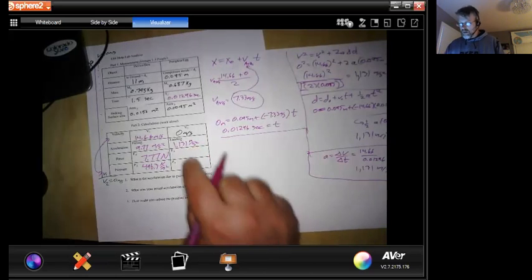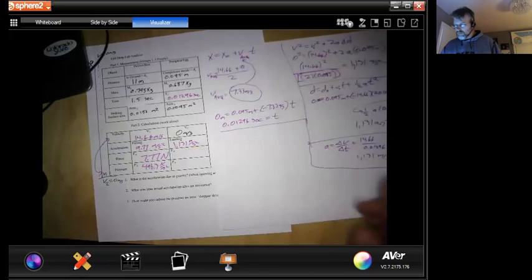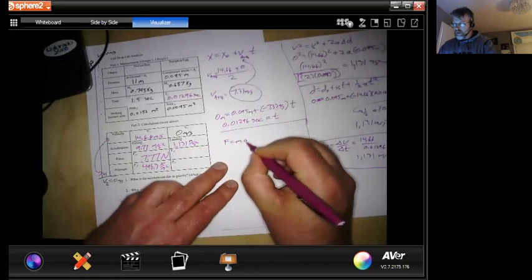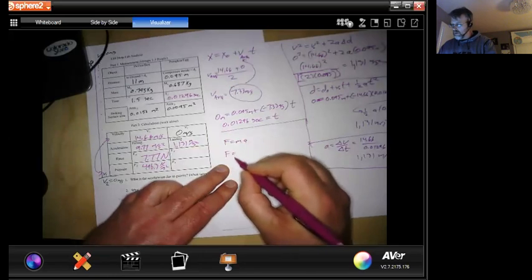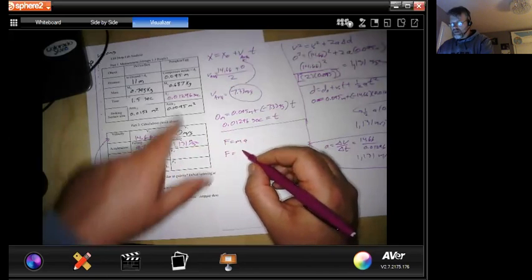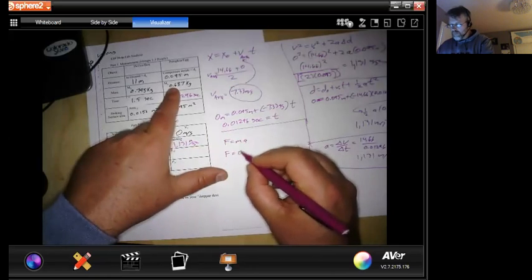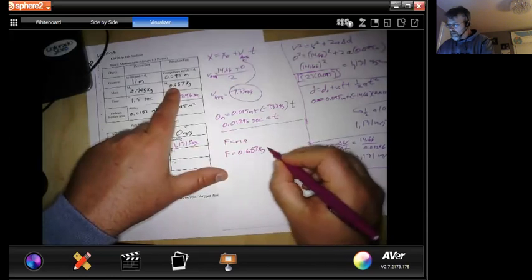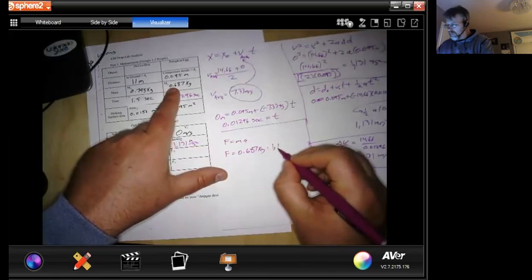Now force, hopefully this is starting to get redundant here. F equals ma. So F equals the mass of the pumpkin times our acceleration.